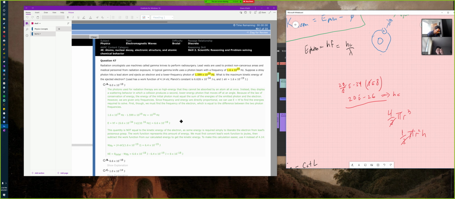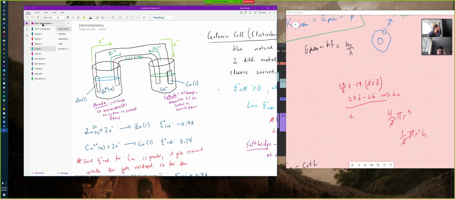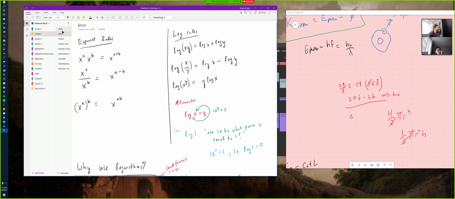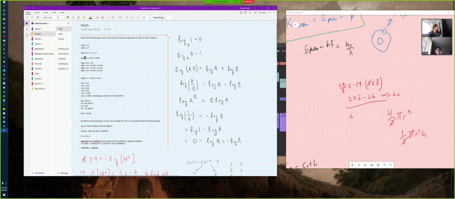I am pretty sure it's like 2.5 or something. Wait. Okay, I'm going to share this with you in the notebook as well. This stuff is super useful to memorize right here. Oh yeah, here, h in electron volts.